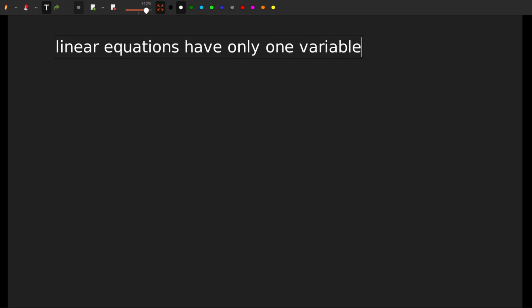So linear equations, more precisely, have only one variable. They're usually what we think of when we see equations. For example, 5x is equal to 30. That's a linear equation. There's other ones, but that's another example.